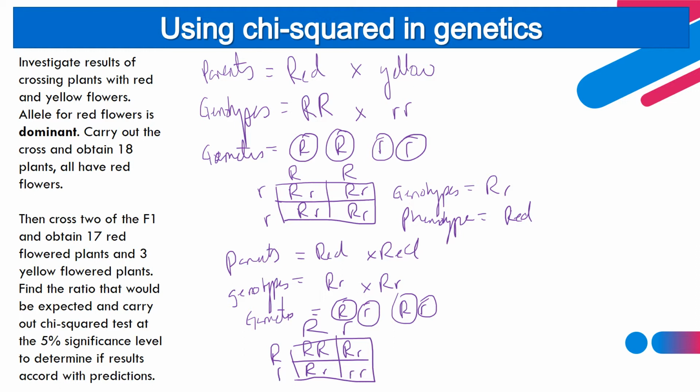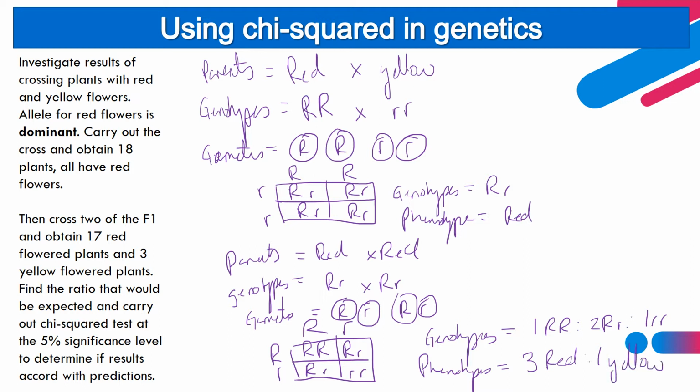So we're going to have, in terms of our genotypes, a 1 homozygous dominant to 2 heterozygous to 1 homozygous recessive. But our phenotypes are going to be our 3 red to our 1 yellow.